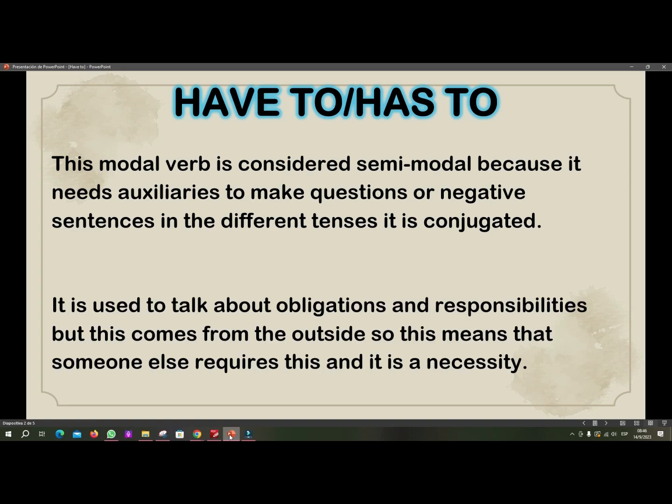It is used to talk about obligations and responsibilities, but this comes from the outside. So this means that someone else requires this and it is a necessity, right?